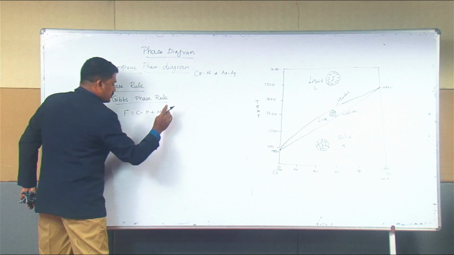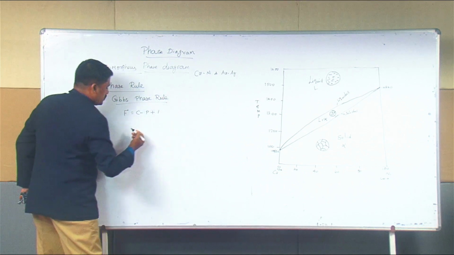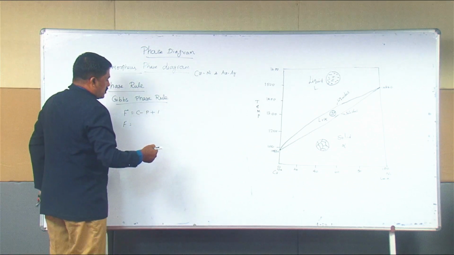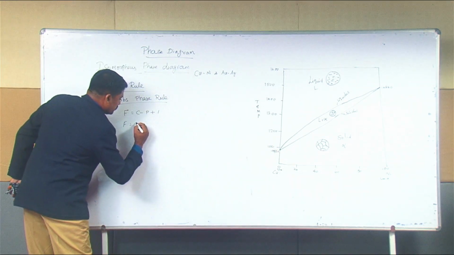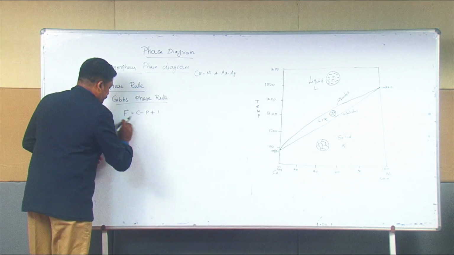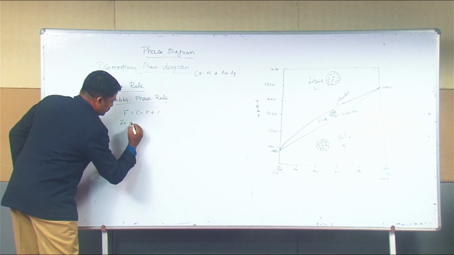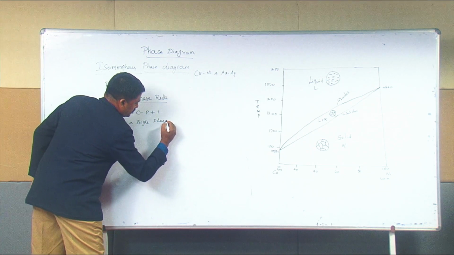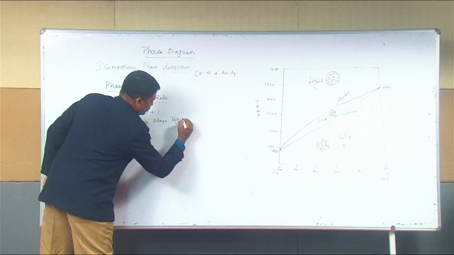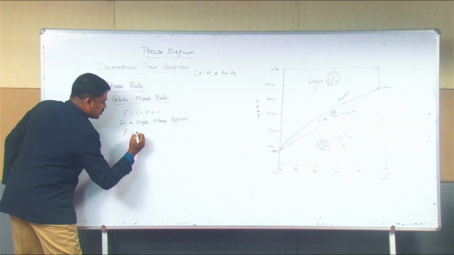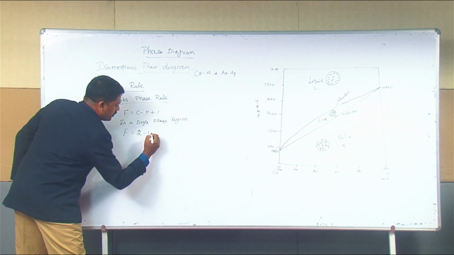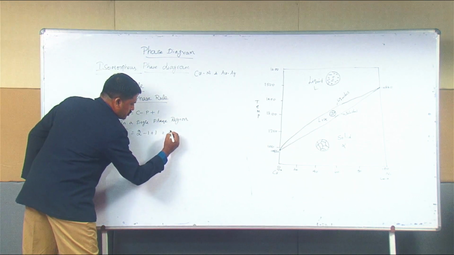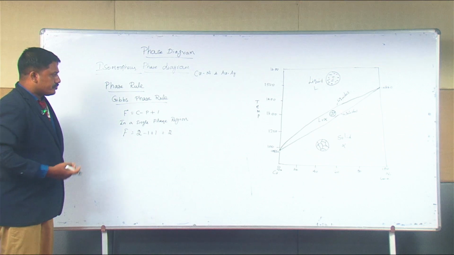So therefore, there are two components in a single phase region. The phase rule changes to F is equal to 2 minus P plus 1. The degrees of freedom is 2.